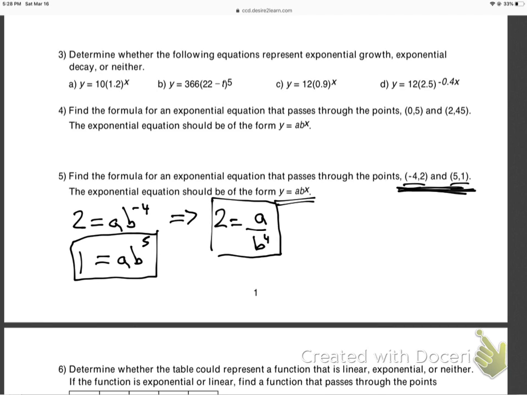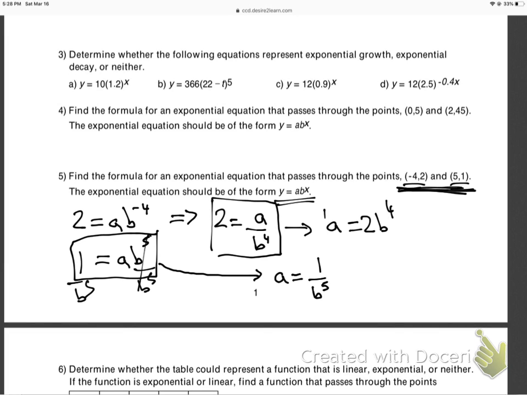Now, if I rearrange to get a equals, so from this one, I will have a equals 1 over b to the 5, okay? I just divided both sides by b to the 5, okay? From this one, I will have a equals 2b to the 4 if I multiply both sides by b to the 4. Now, I kind of like the look of that one. Looks a little bit better, okay?